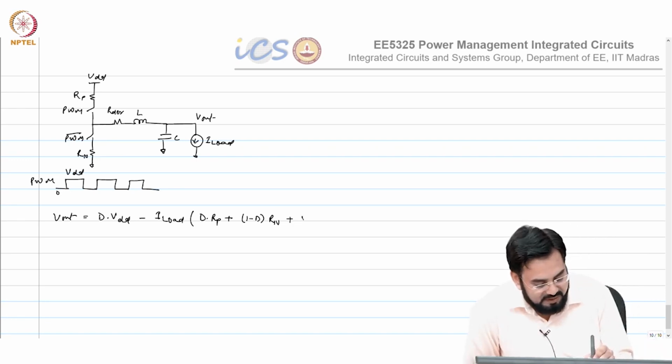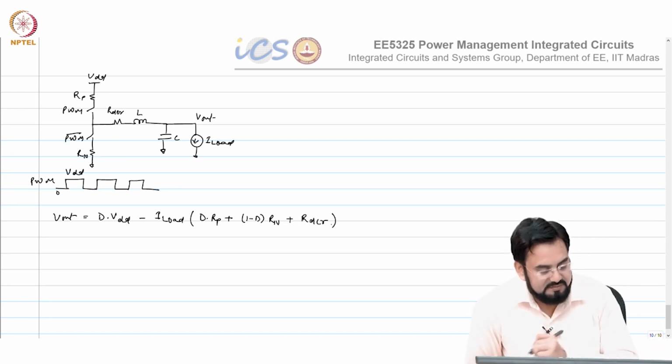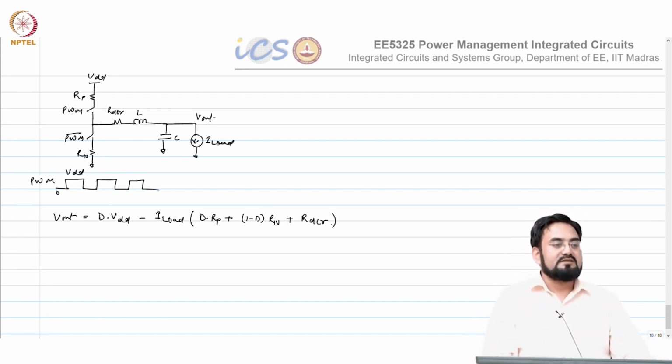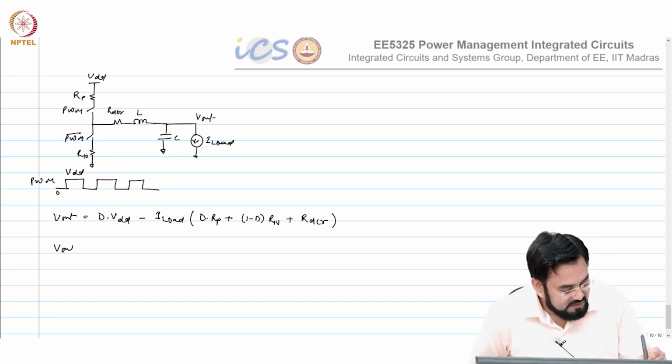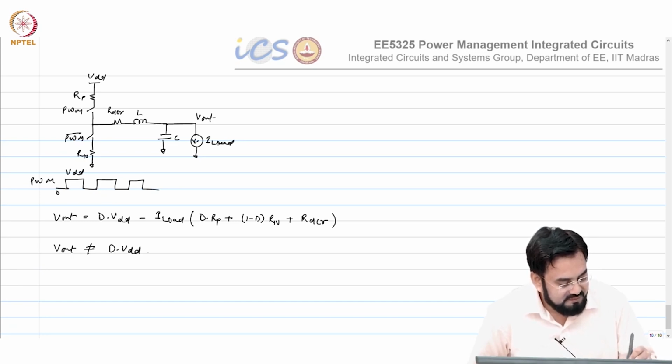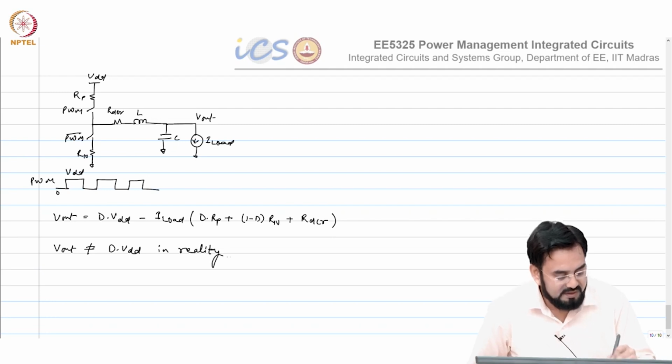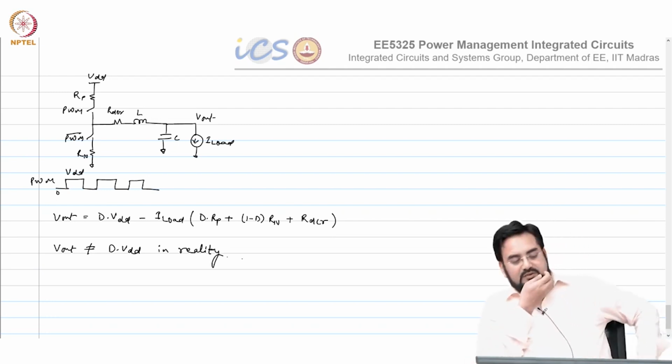So, it will be only R of DC, correct. Which means V out is no longer D times VDD in reality. So, what do I do?